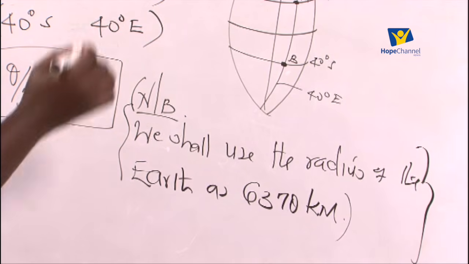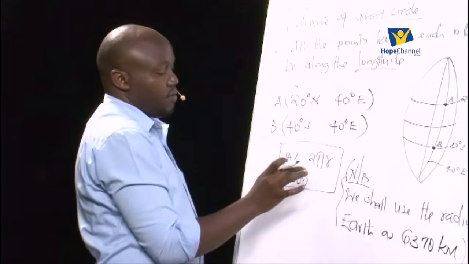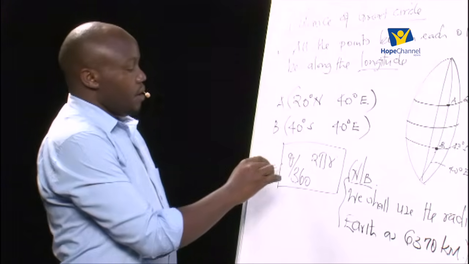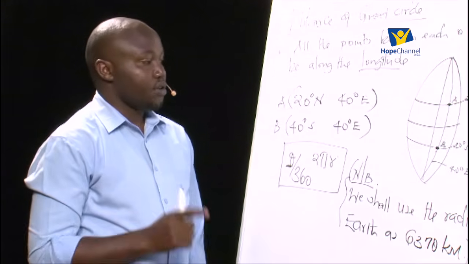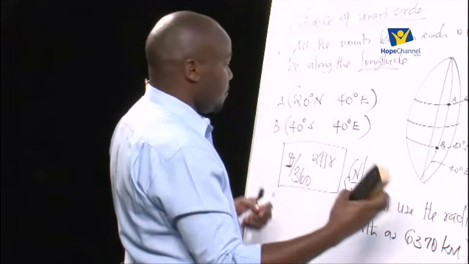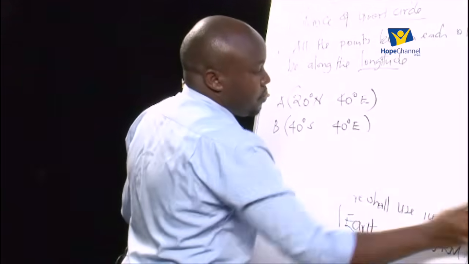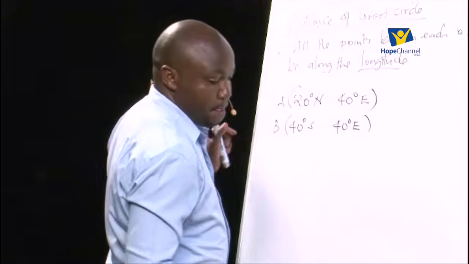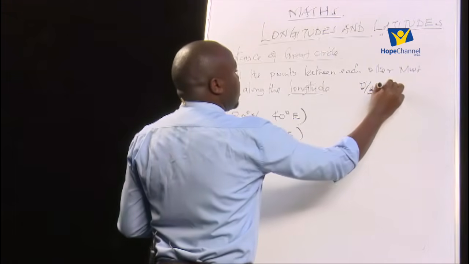Now, what is the distance of A and B? Distance on the great circle, having the formula. How do you get theta? Most important and critical point to understand. How do you get theta? Let me just write that formula up there. The formula is theta over 360, 2 pi r.